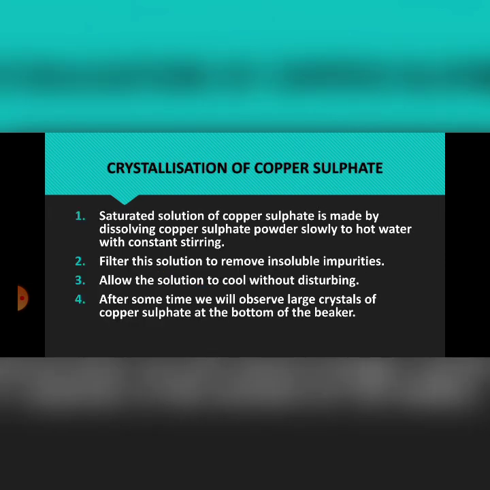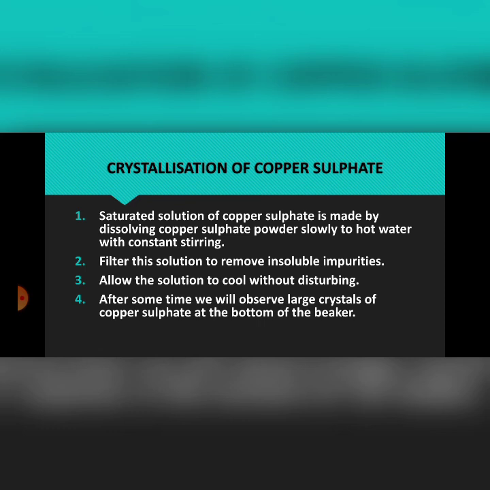Crystallization of copper sulfate. We will understand the process of crystallization with the help of the example of crystallization of copper sulfate. For that, first we have to make a hot saturated solution of copper sulfate.